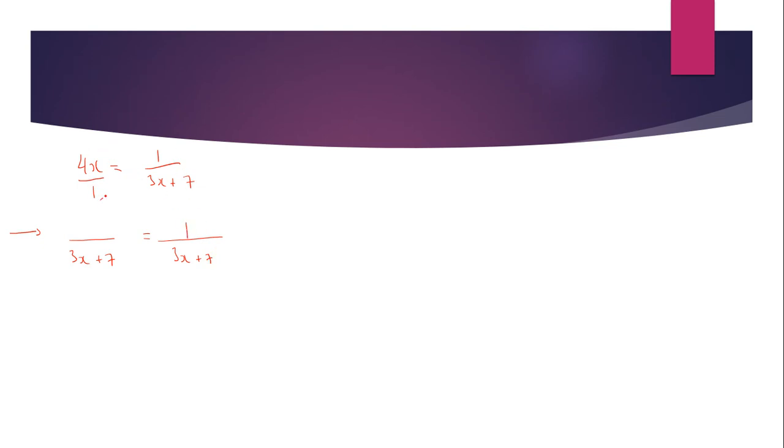But this denominator, I times by 3x add 7, so I need to times this as well by 3x add 7. I won't do the multiplying just yet, I'll just write down what I want to do. And that's my setup. Remember now, if you've got a common denominator, it can go away. And it's equal to 1.